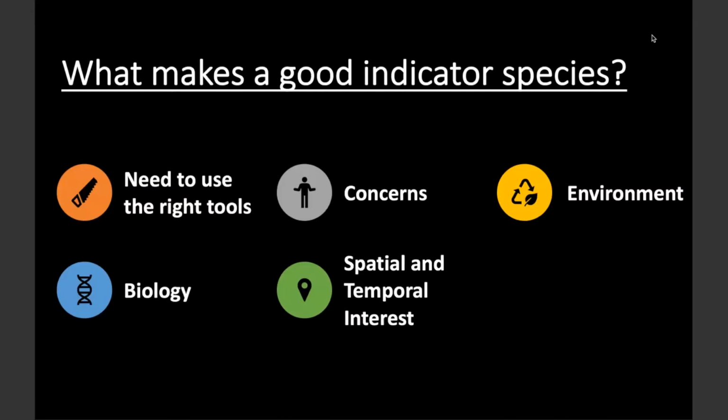And then spatial and temporal interests are also a factor that you'd want to consider. Spatial and temporal are just fancy ways of saying the geographic range for spatial, and then temporal is just time change. So if you want to look at, out in the West Desert, say, specific areas, you might use golden eagle nestlings, because those nestlings will have to stay in the nest for 10 to 12 weeks.